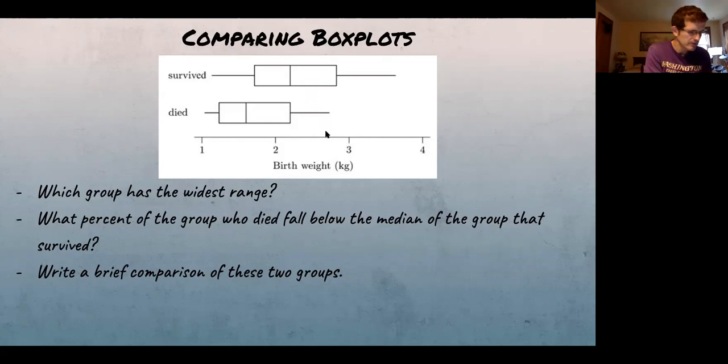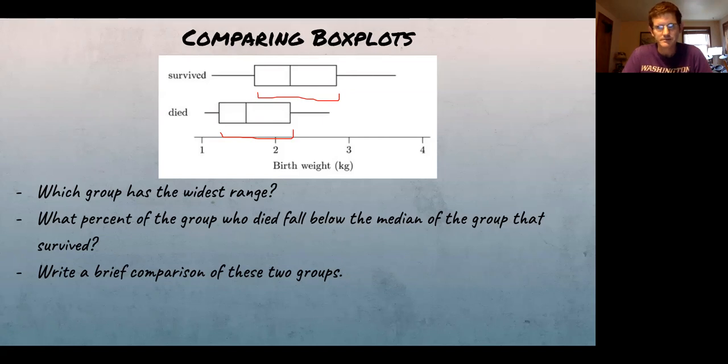And to me, these interquartile ranges actually look similar in width, but of course the interval is the same, but the actual numbers that define the range are different. So we could talk about that. Looks like survived went from about 1.75 to 2.75 kilograms. The interquartile range for those that died went from 1.25 to 2.25 kilograms.